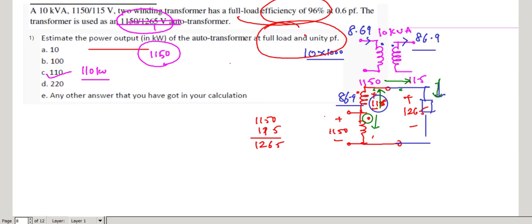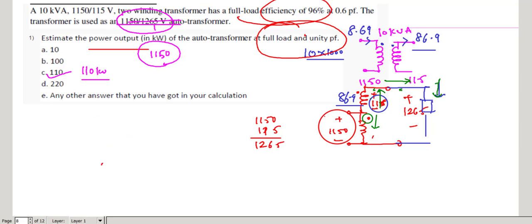I can connect the two winding transformer as an auto transformer in 4 ways: two additive polarity, two subtractive polarity. But he said the primary is of 1150 only. So the primary is 1150 with additive polarity. I have calculated the power output of the auto transformer as 110 kVA.